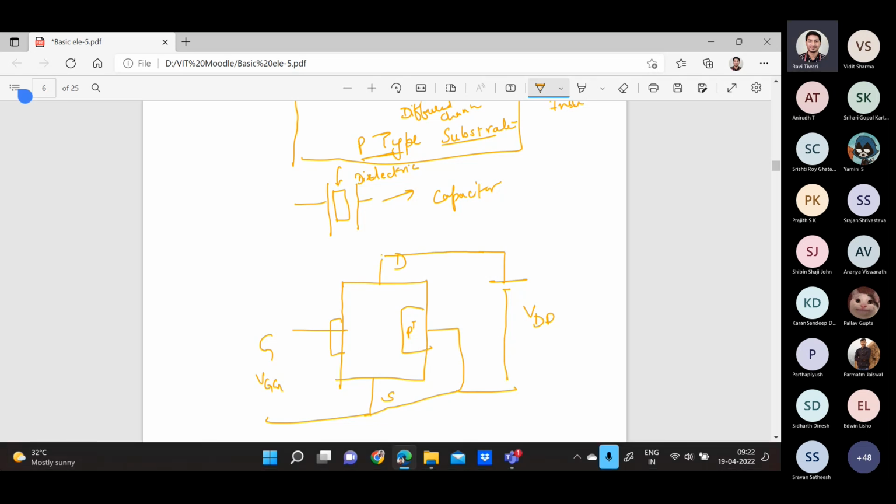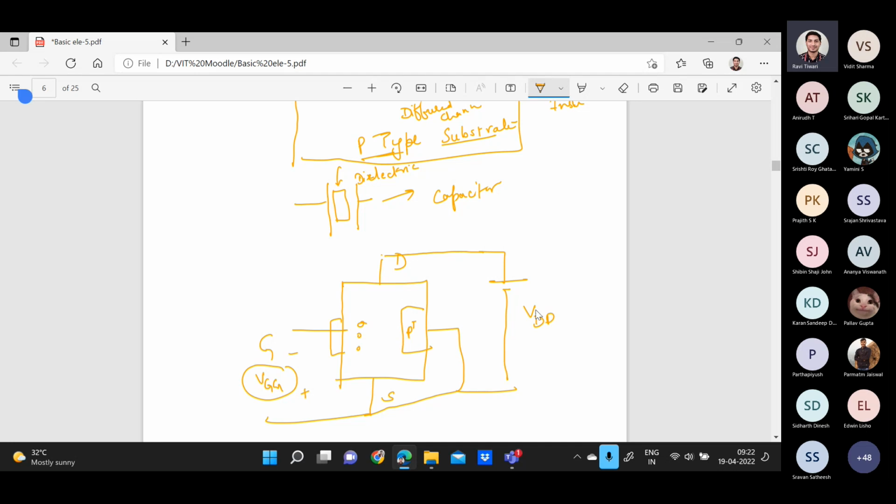When no VGS is applied, or no voltage is applied across the gate terminal, some current flows due to the voltage between drain and source. And if you apply VGS, like negative to positive, the negative will attract the holes, which are the minority carriers here.